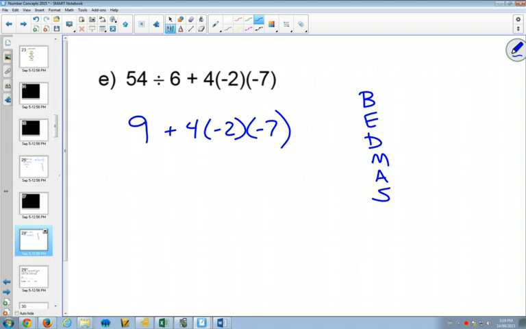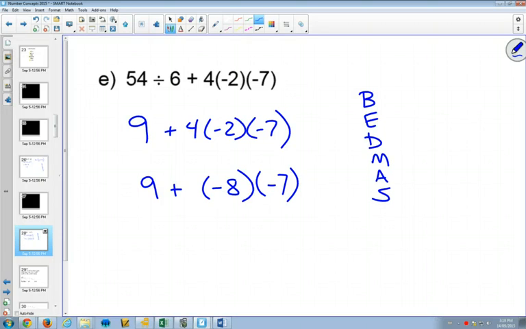Do we have multiplying? Yes. Now when you're multiplying 3 numbers together, pick 2 of them to multiply first. What is 4 times negative 2? Negative 8, so I'm going to multiply those 2 first. That's negative 8, and I still have negative 7. We still have more multiplying.